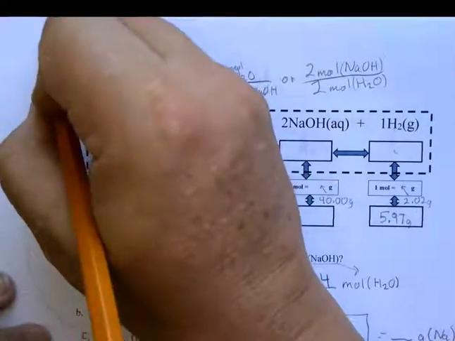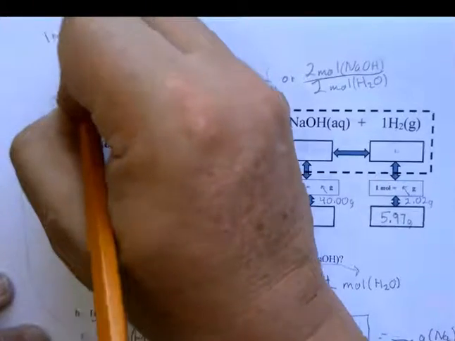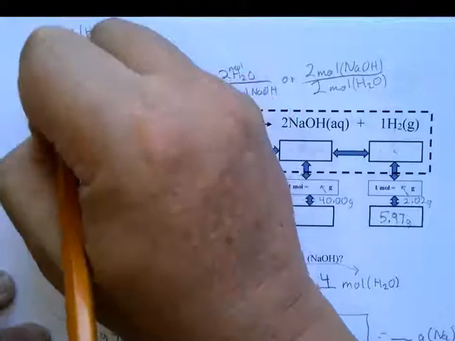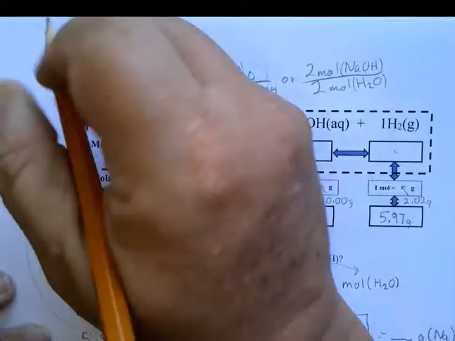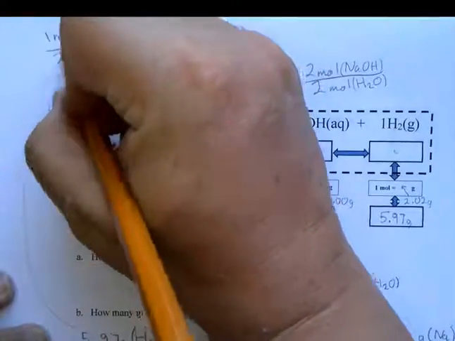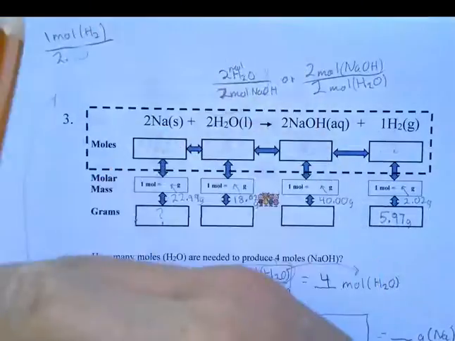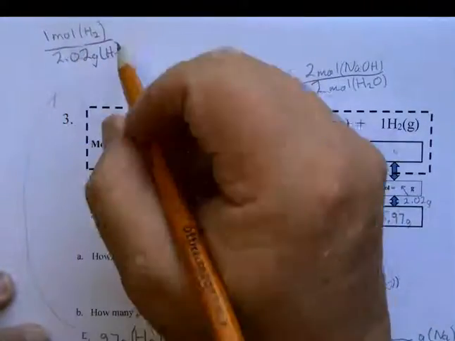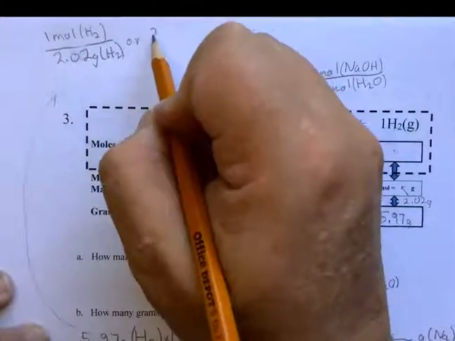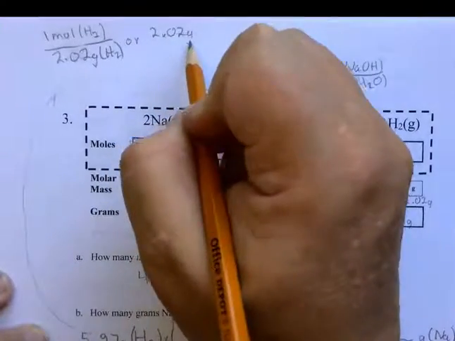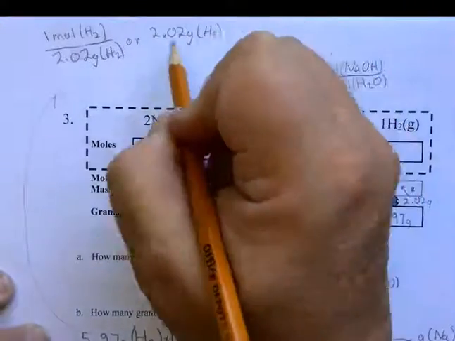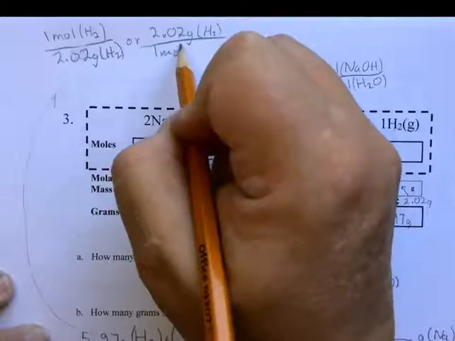I'm saying that there's 1 mole of H2 for every 2.02 grams of H2. So that's a true statement. Or there's 2.02 grams of H2 for every 1 mole of H2.